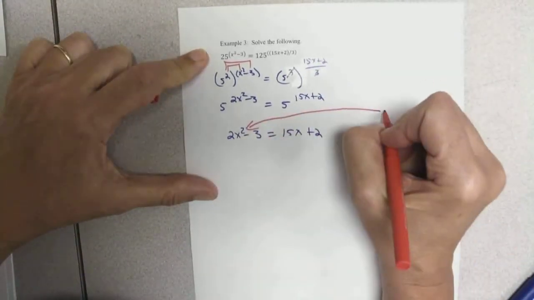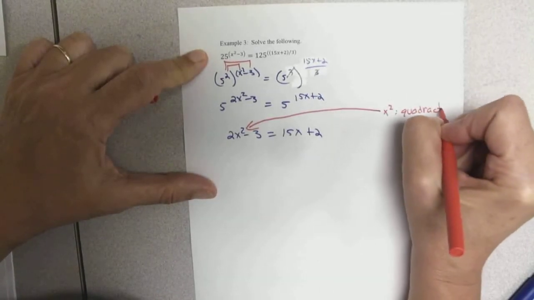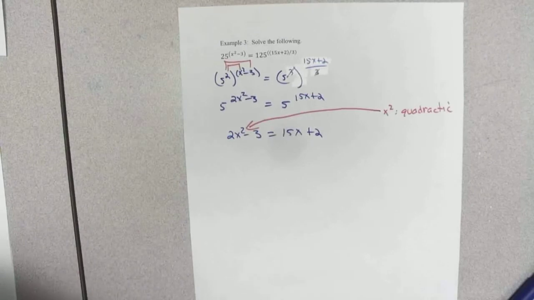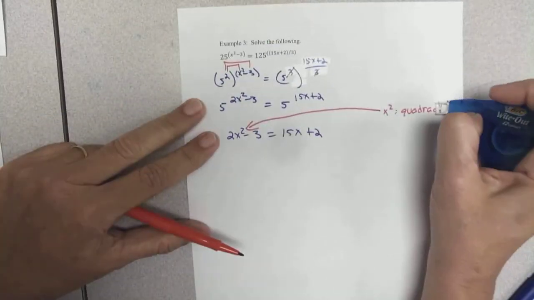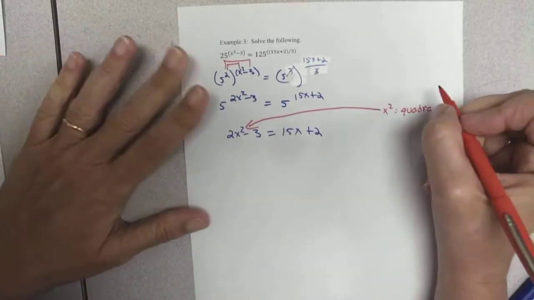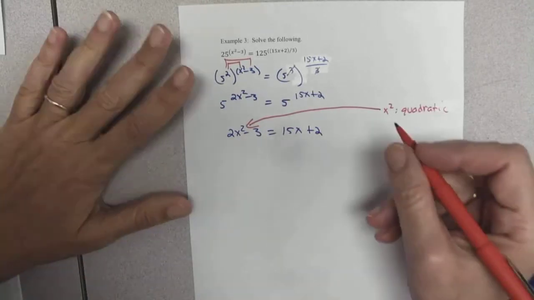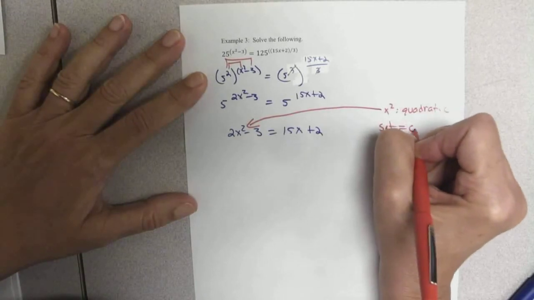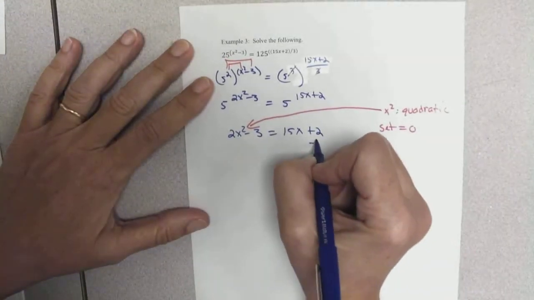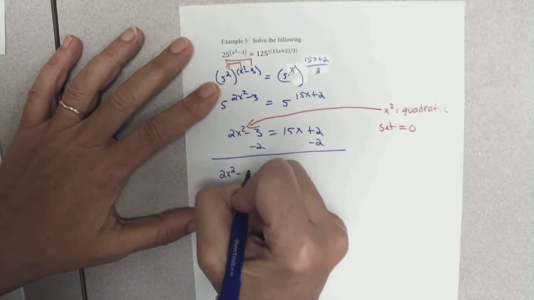I see that x squared right there. That tells me it's a quadratic. So you run through your choices for quadratics, the two most popular, factoring or quadratic formula. Both of those require me to set it equal to 0. So I'll subtract the 2 from both sides.